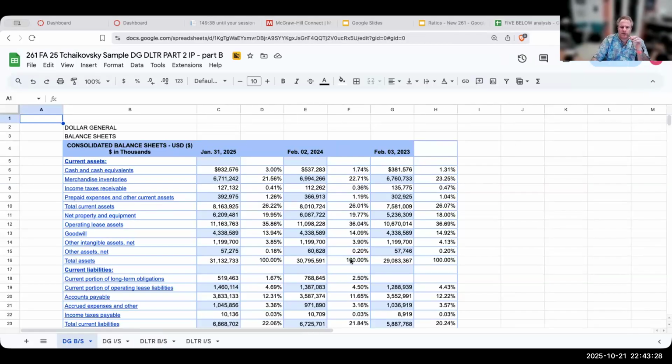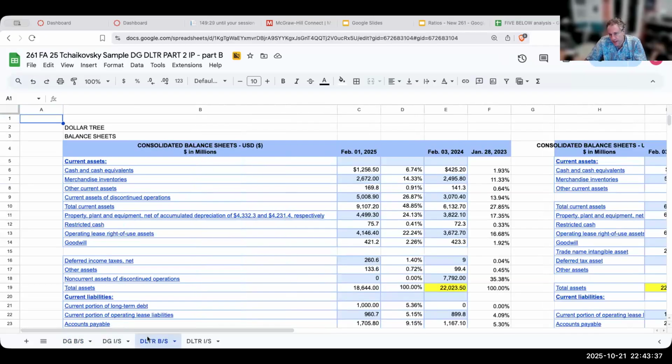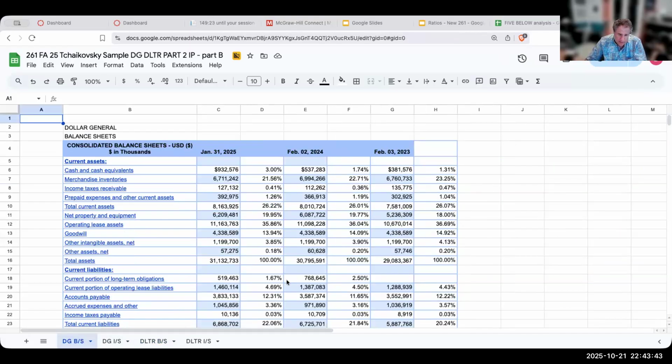So what I've now done is, this shows you where if we said that Dollar General and Dollar Tree were comparable to Five Below, well, are they really comparable? Are they similar stores? Yes, they're both discounted, dollar stores.